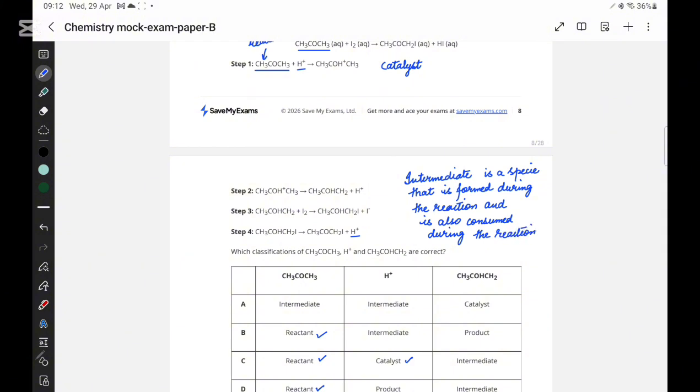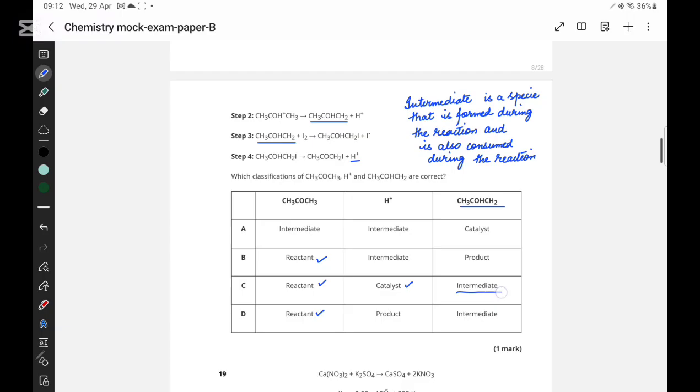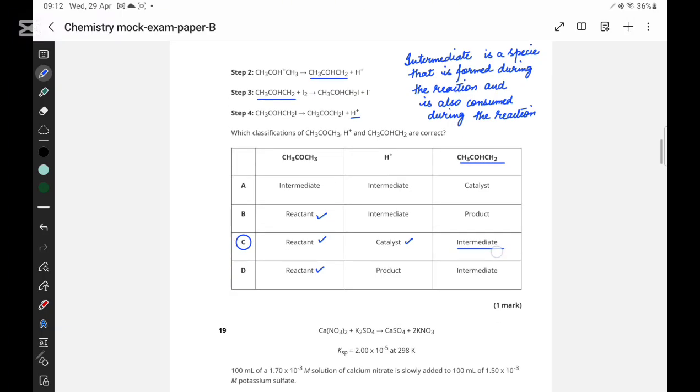So if you see this option like CH3COH, that is basically generated in the reaction, and that is also consumed in the reaction as well. So that is the definition of intermediate. So option C is going to be the right one.